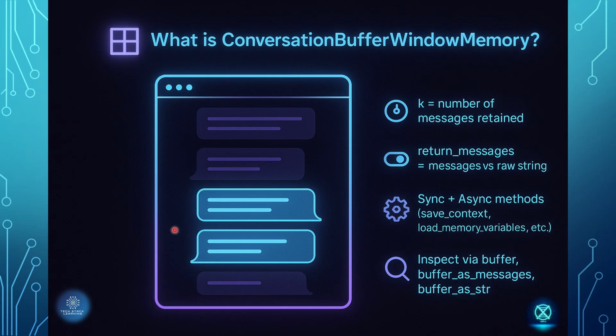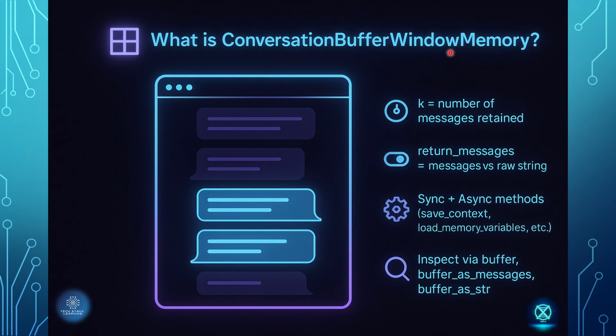So what is conversation buffer window memory? It stores only the last k messages, which means n number of messages of a conversation, dropping older context. This strategy helps prevent exceeding token limits while maintaining recent context.